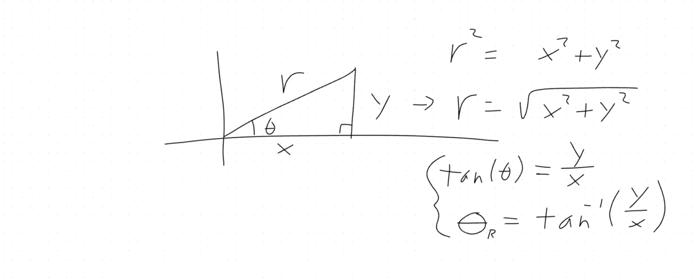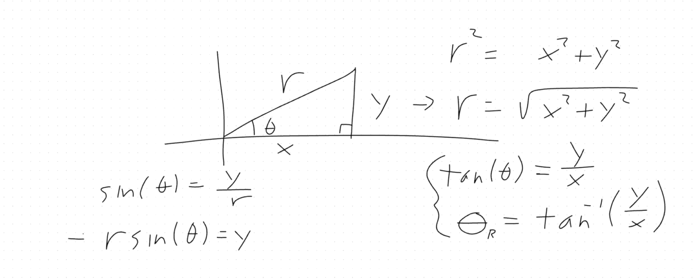Other things are, r sine of theta gives you y. Over r. So r cosine of theta gives me x.